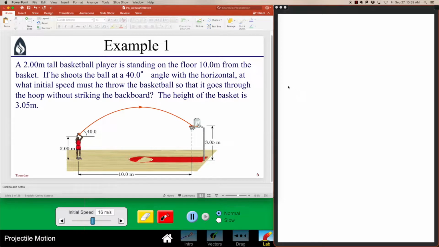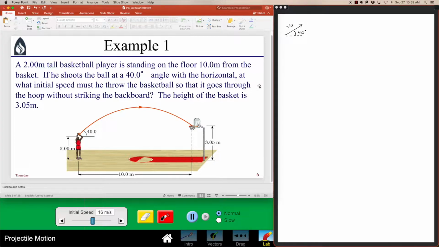So let's draw a picture of just that initial velocity. Initially, the velocity with which the basketball player throws the ball is aimed 40 degrees above the horizontal, and its amount is unknown, so I'll just label that V0.